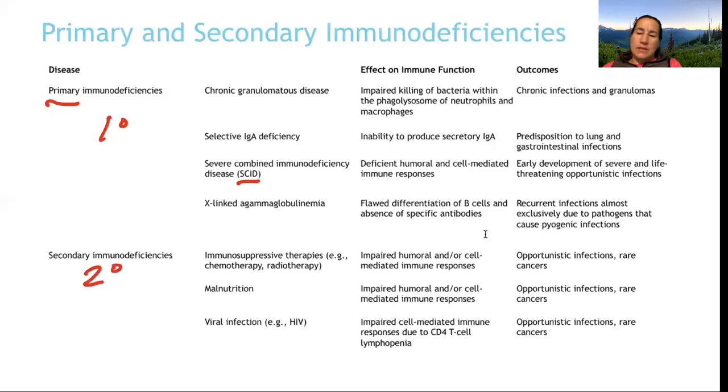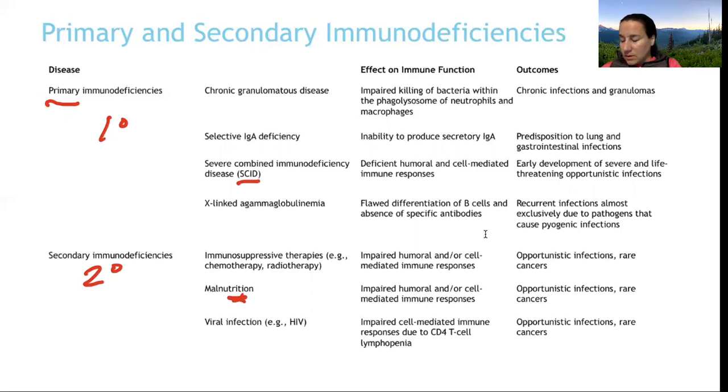Malnutrition is the biggest cause of this. Simply not getting the nutrients that you need can cause a secondary immunodeficiency where you do not have the proper functioning B and T cells that you need. So malnutrition is a big cause.